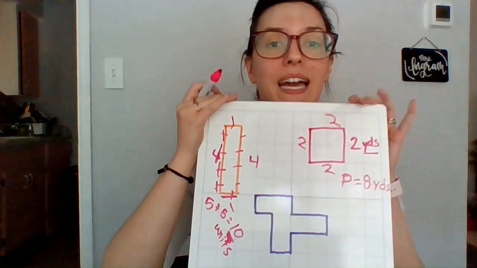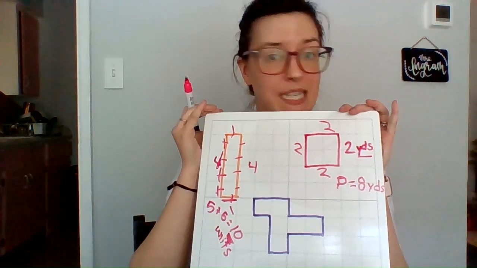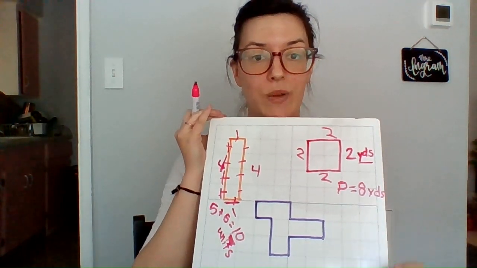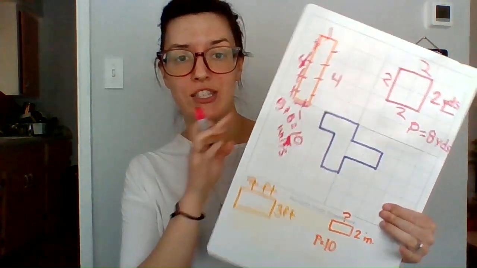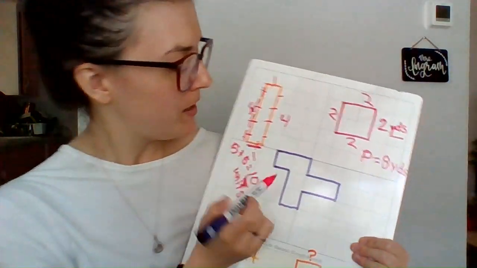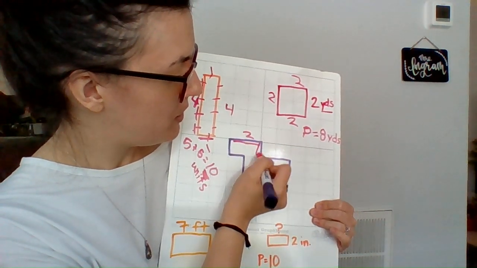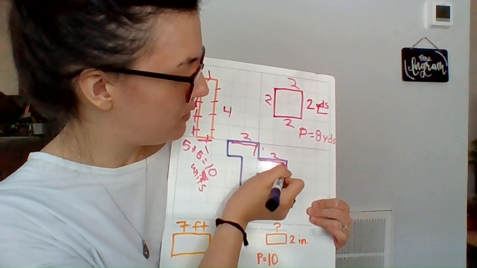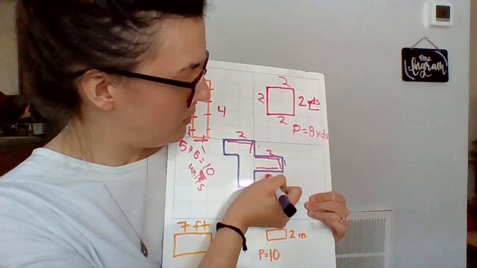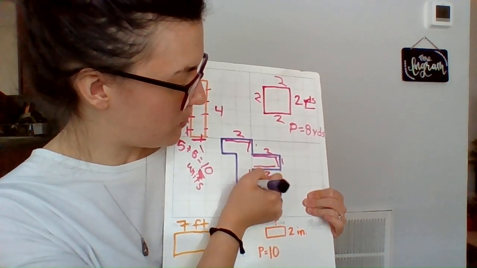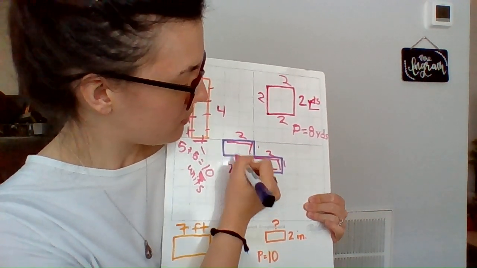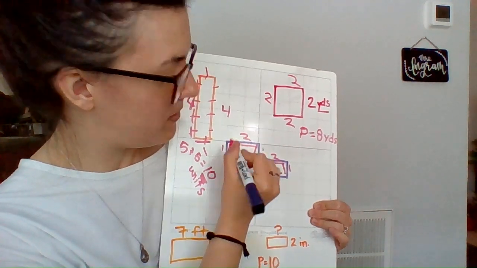Now sometimes our polygons aren't going to be rectangles, and we will just have to count up the sides just like we did with our orange one. So for this one, I would just count the sides.